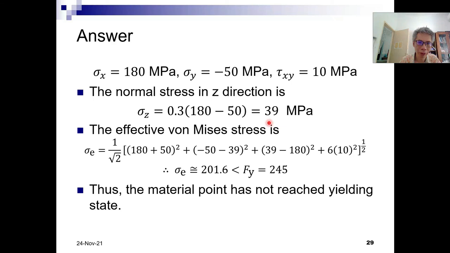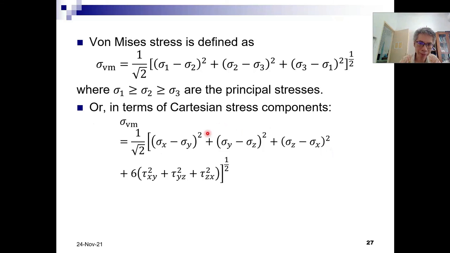And then we can now compute the effective von Mises stress: 1 over square root 2, the difference of the normal stresses sigma x and sigma y, squared, then the difference of sigma y and sigma z squared, and sigma z and sigma x squared, and then plus 6 times the shearing stress squared. This follows this formula, right? The other shearing stress components are of course 0.